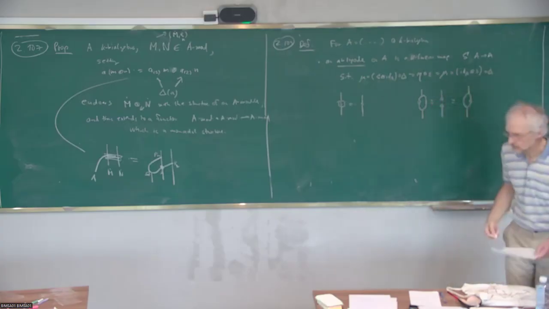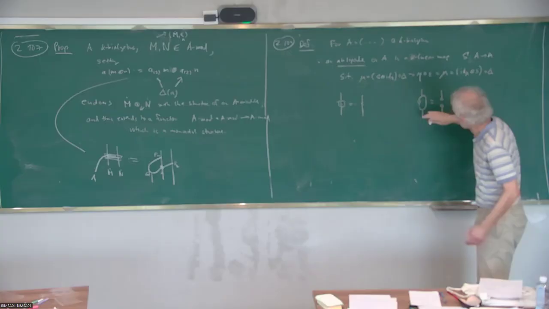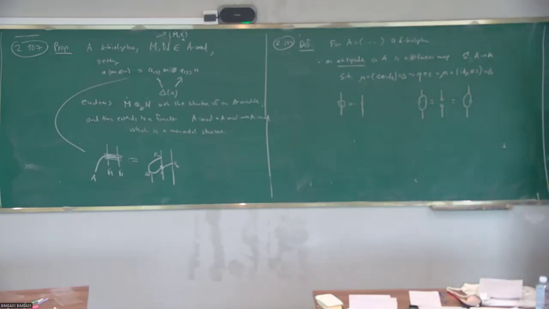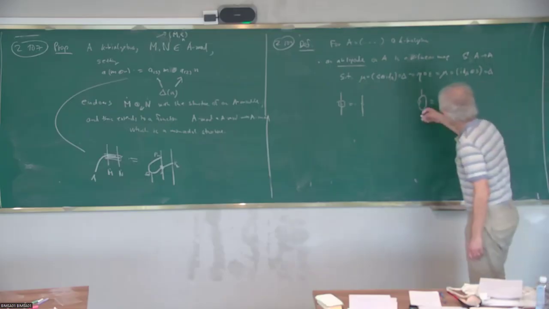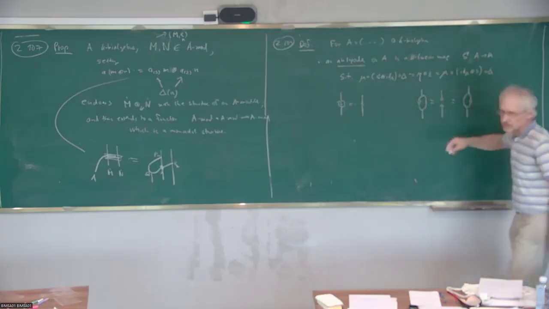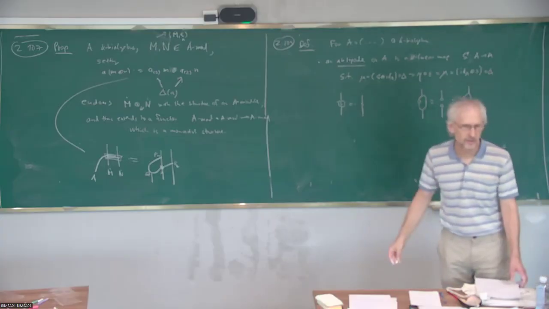Another way to say this is, in general, if I have a co-algebra and algebra, then there's a notion of convolution product, and this says that the antipode is a two-sided inverse of the identity under the convolution product.